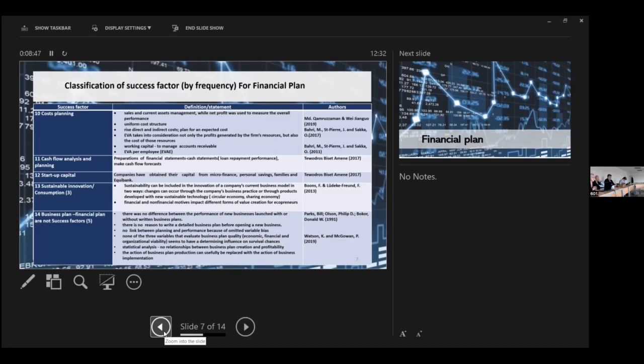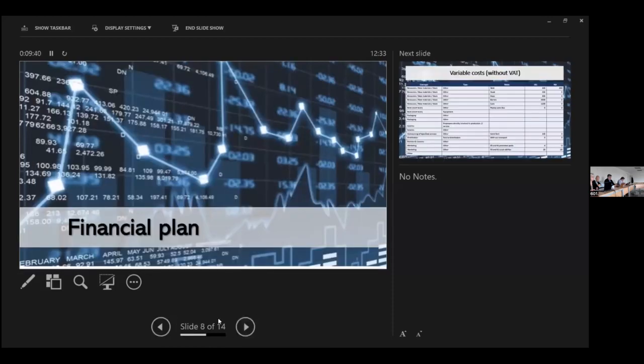And yes, one important finding, also mentioned by Teresa Costa and Professor Luisa Carvalho, is that there is not only one opinion that financial plans are an important success factor, but also another, controversial opinion, that there is no difference between the performance of a new business and the writing of a business plan and calculating of financial indicators. But it's another opinion, and we talked about it this morning.